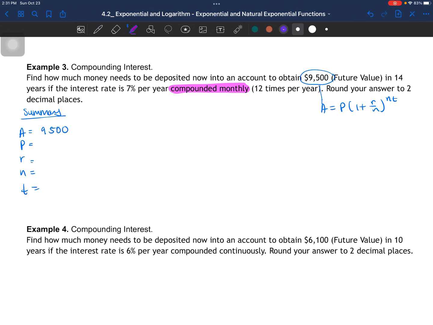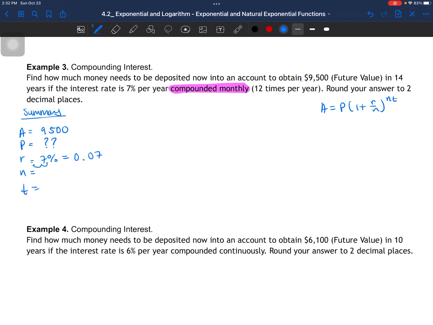So this number, we gotta be careful. This number is not what you're investing. That's not your P. This is actually your A. So A is 9,500. And what we're asked to find is P. P is what we're looking for in this problem.